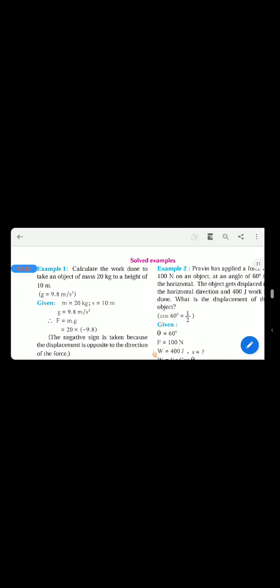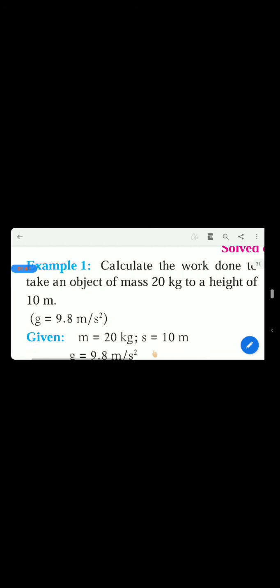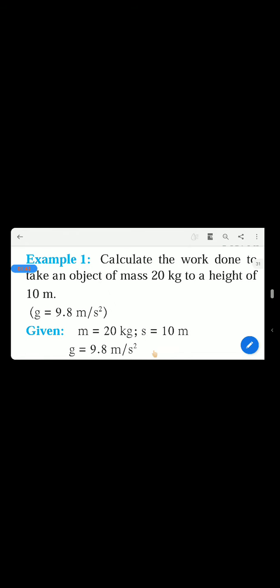Here we have two examples. Let's have a look at them one by one. Calculate the work done to take an object of mass 20 kg to the height of 10 meter.